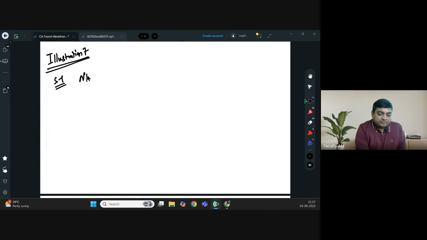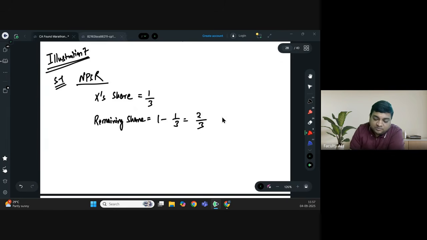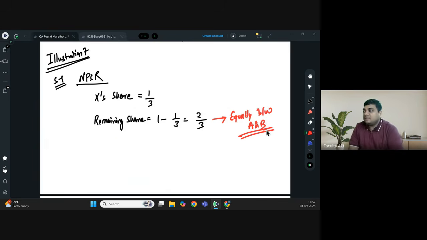Step 1, NPSR. X's share is 1 by 3. What is the remaining share? 1 minus 1 by 3, equally between A and B. They have told clearly.